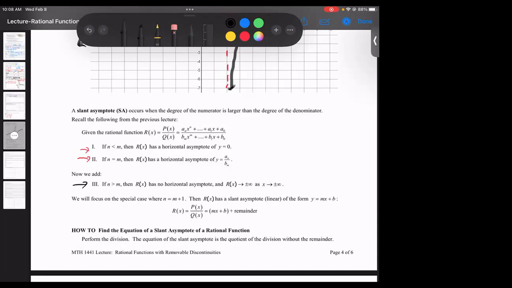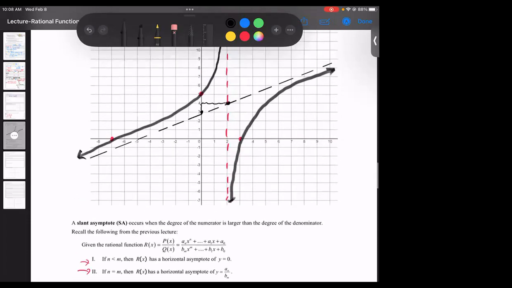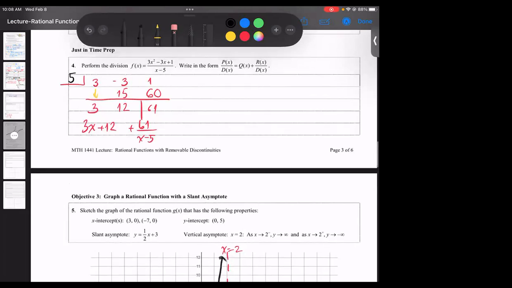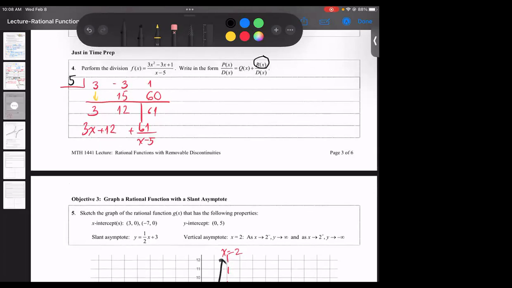I don't like the notation they use here. R of x. R stands for rational, but it also stands for remainder. So this R here is different than this R you see here. It's just confusing, right?